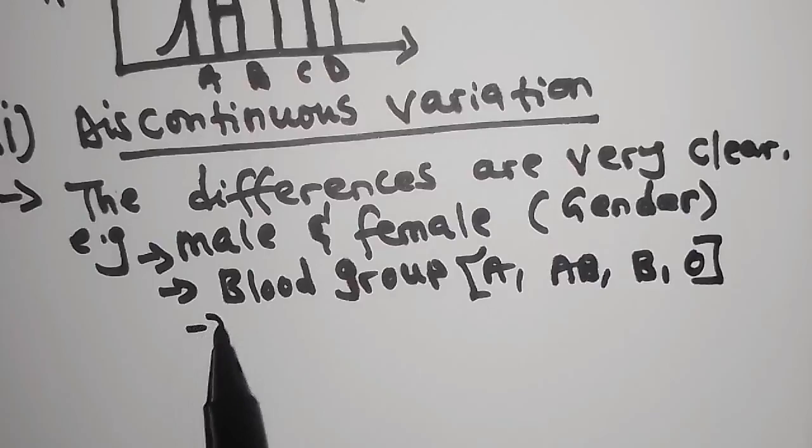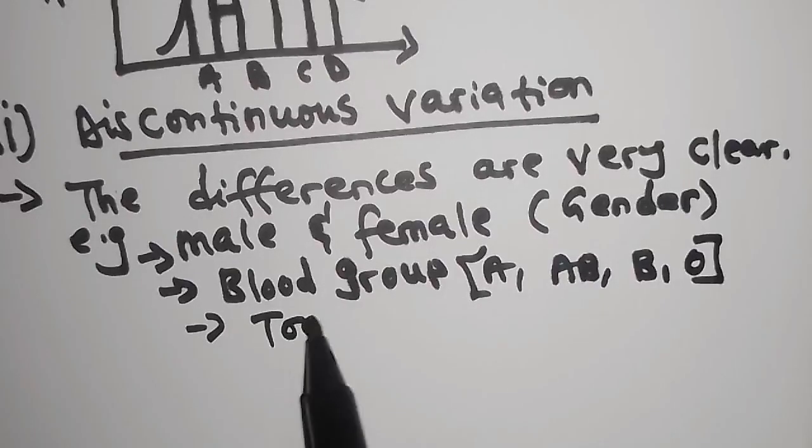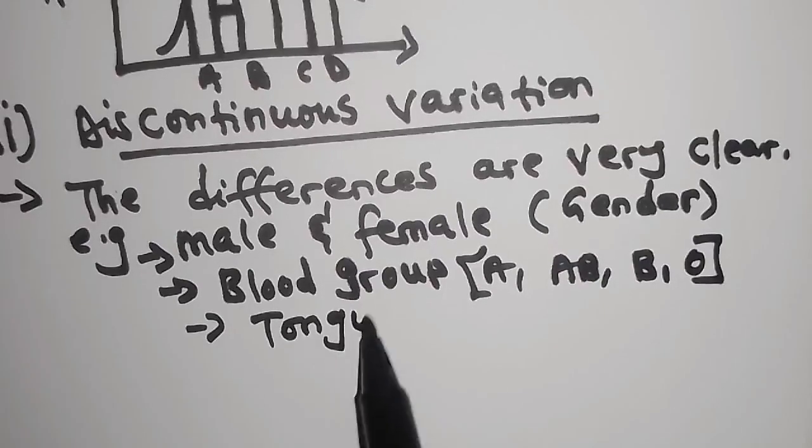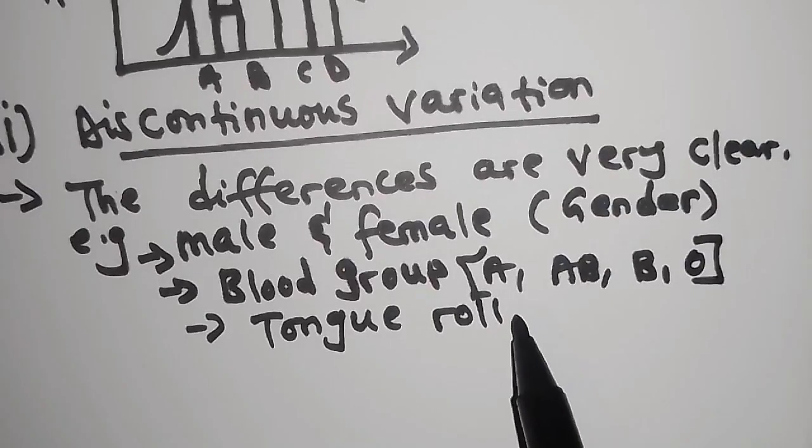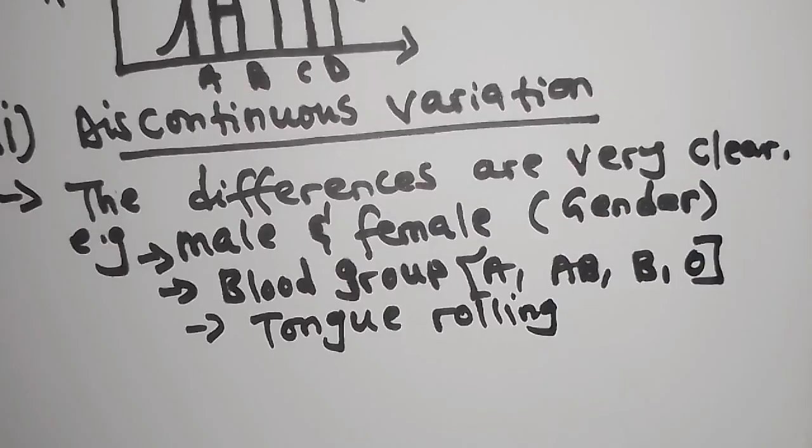And then also we have tongue rolling. There are people for whom it is inborn, someone who can roll the tongue, an inborn characteristic. It's different from someone who is just learning, for example. So tongue rolling, blood group, male, female.